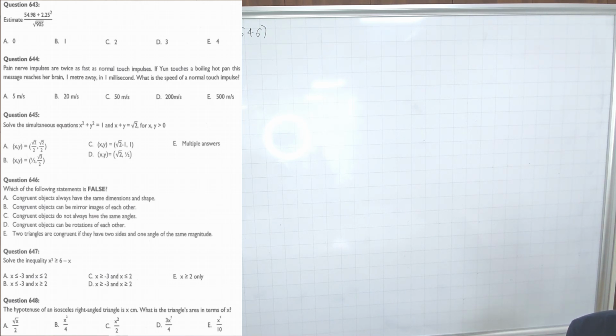Tương đẳng là bằng nhau, tức là hai cái bằng nhau. So if you have congruent angles, the two angles have the same degree. Giống như là cái góc mà nó bằng nhau, nó tương xứng. So congruent objects means the object is the same, or has the same dimension, shape.